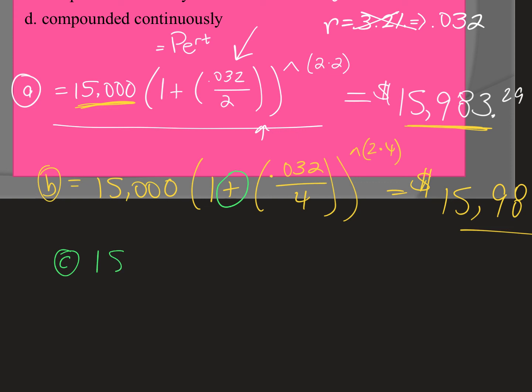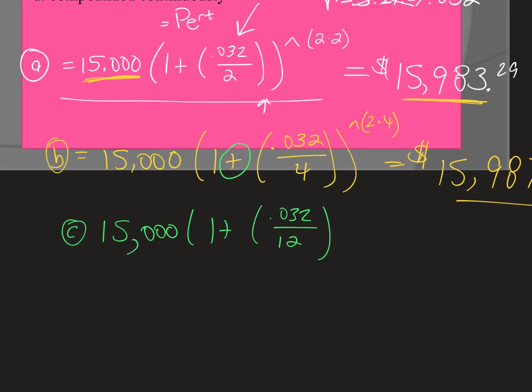So look at C, I have 15,000. And now I have 1 plus, my interest rate is still the same, but I'm now compounding monthly, right? So my n is 12, and then I'm going to raise this to the 2 times 12 power, or 24, however you want to write it.